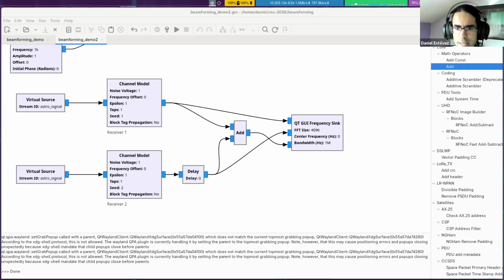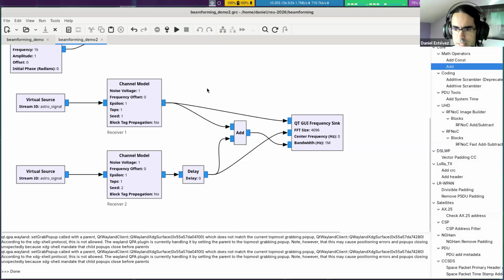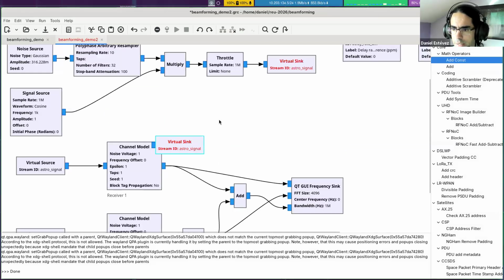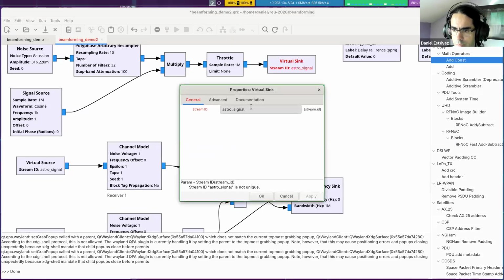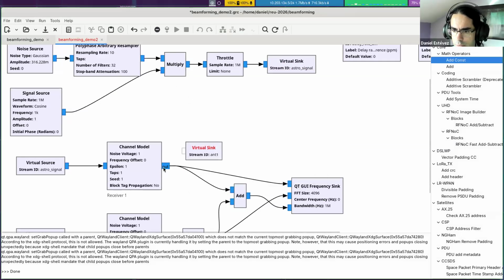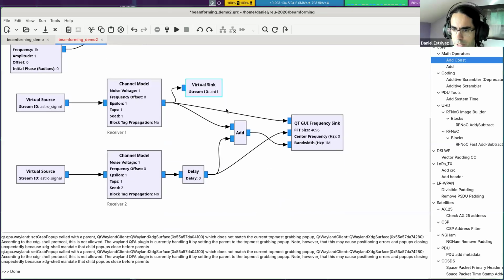So as I said, the thing we are going to do now is to see how we can take the signals from these two receivers, and I'm actually going to add things for them. So this is going to be antenna 1, and this is going to be antenna 2.